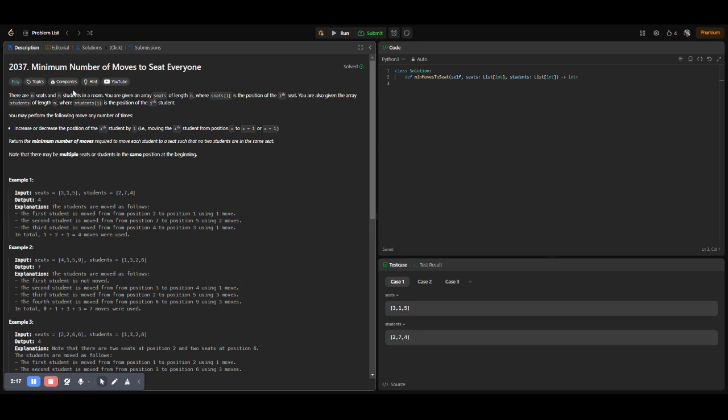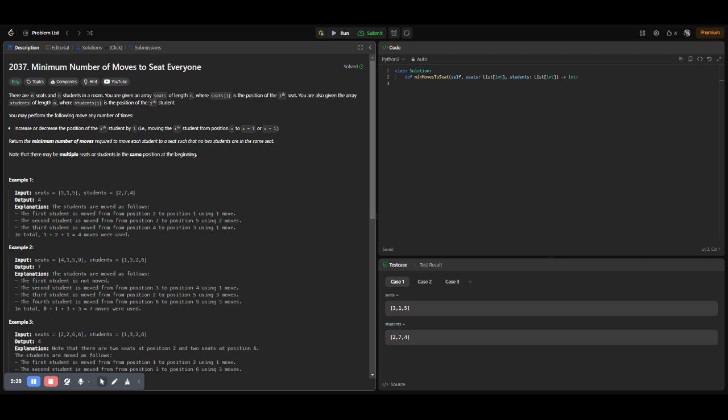See here, the length of seats and the length of students are equal. Suppose the chairs are arranged in a row in the room.